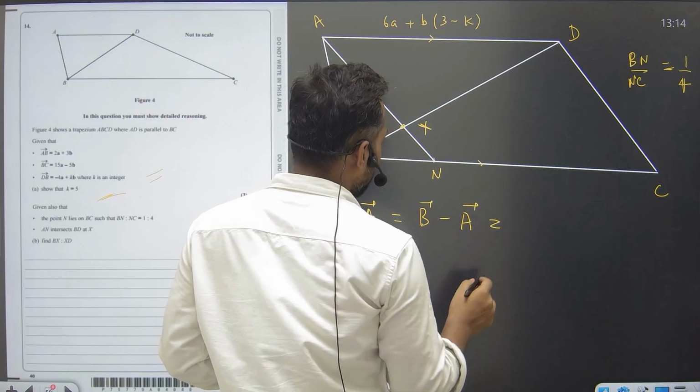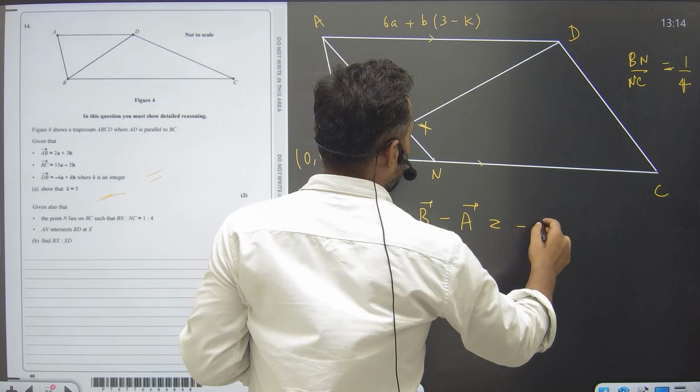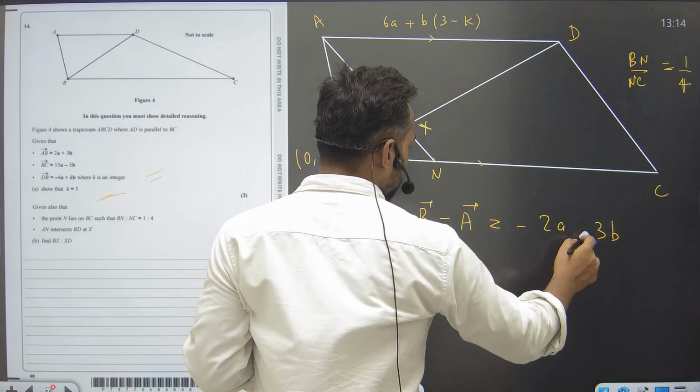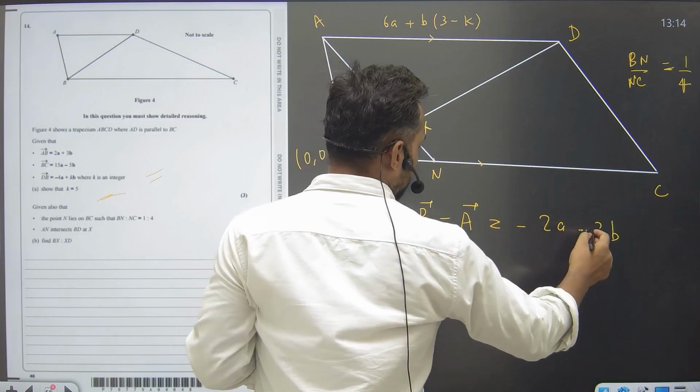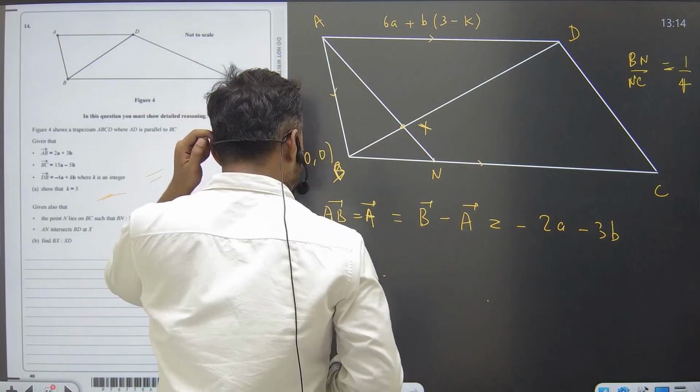In terms of position vectors, B minus A vector will be negative 2a, negative 3b. This is the value of the A vector.